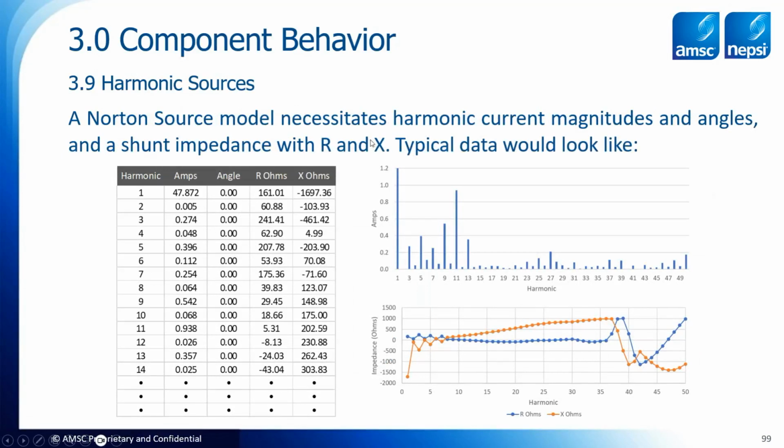And in our Norton source model, that may also be true. Here we're showing it in steps of individual harmonics, but for your equipment, you may find that there are significant non-integer frequencies. I recently was performing parts of an analysis including cycloconverters. Cycloconverters, of course, have sidebands, if you're familiar with their harmonic content, and they vary as the load changes on the cycloconverter.